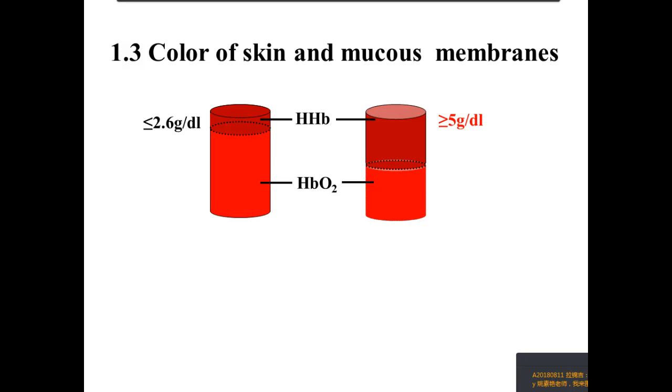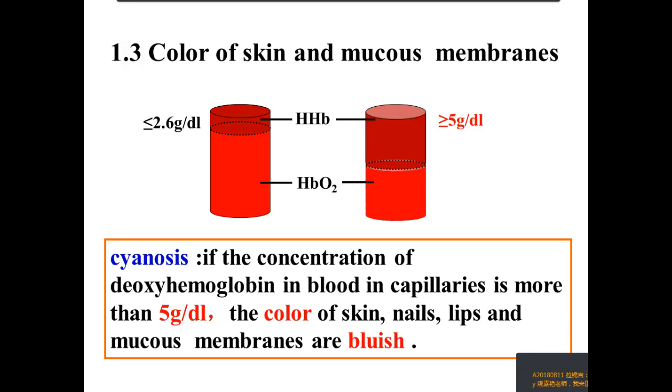Now, if oxyhemoglobin decreases, deoxyhemoglobin will increase. If deoxyhemoglobin is more than 5 gram in 100 milliliters blood, the color of skin is bluish. It's called cyanosis. Now, what is cyanosis?